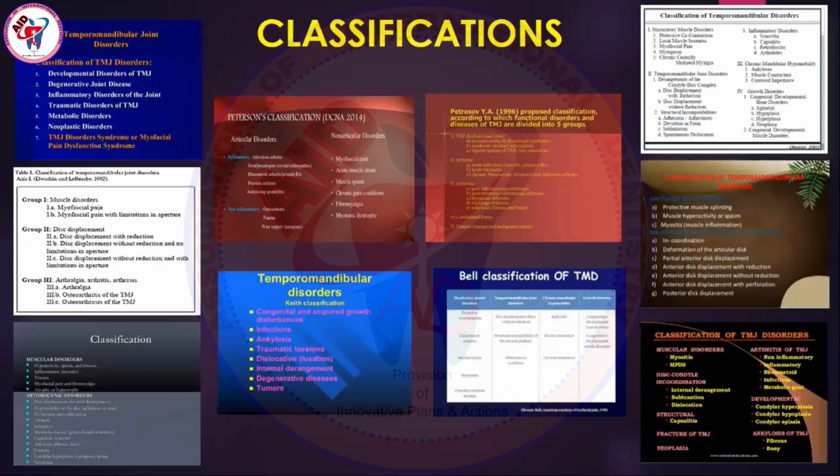We have many different classifications, and if we go into the detail of all of them, we are confused about what to do. What is the classification of temporomandibular joint disorder that we can follow? That is the main thing, how to classify.